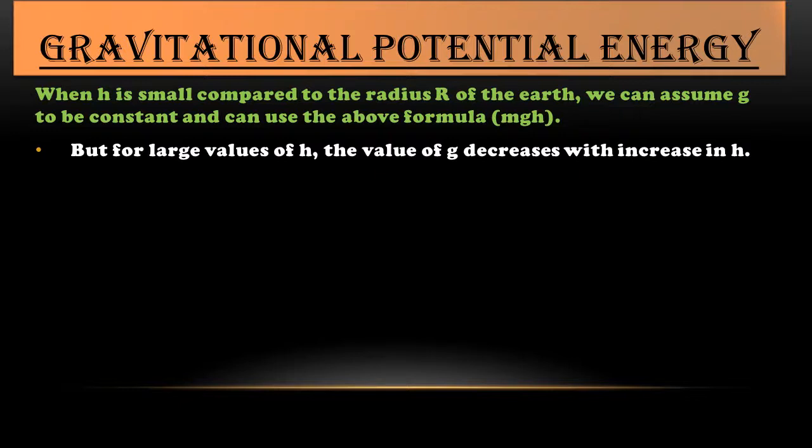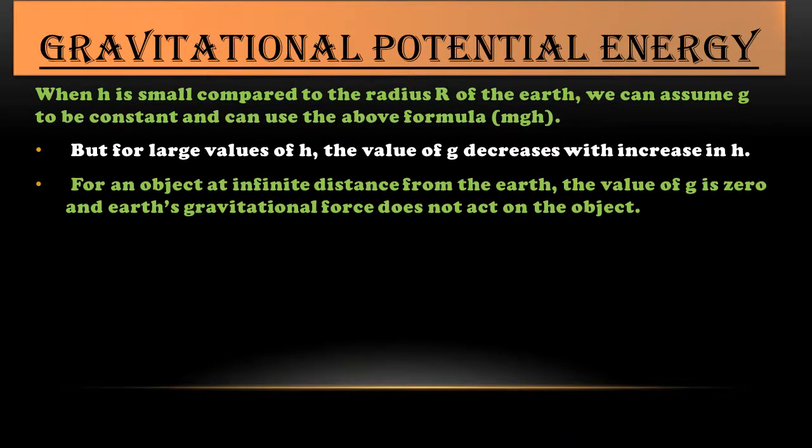We have already learned in one of our videos from this gravitation chapter that the value of g on the surface of the earth is 9.8 or 9.7, but as we move away from the earth, the value of g starts decreasing as the height increases. For an object at an infinite distance from the earth, the value of g is 0, and the earth's gravitational force does not act on the object.